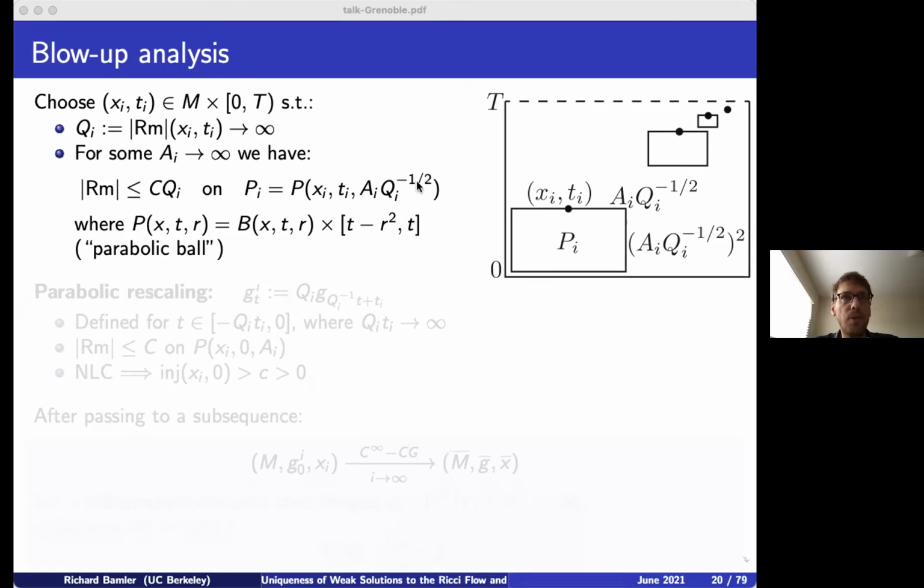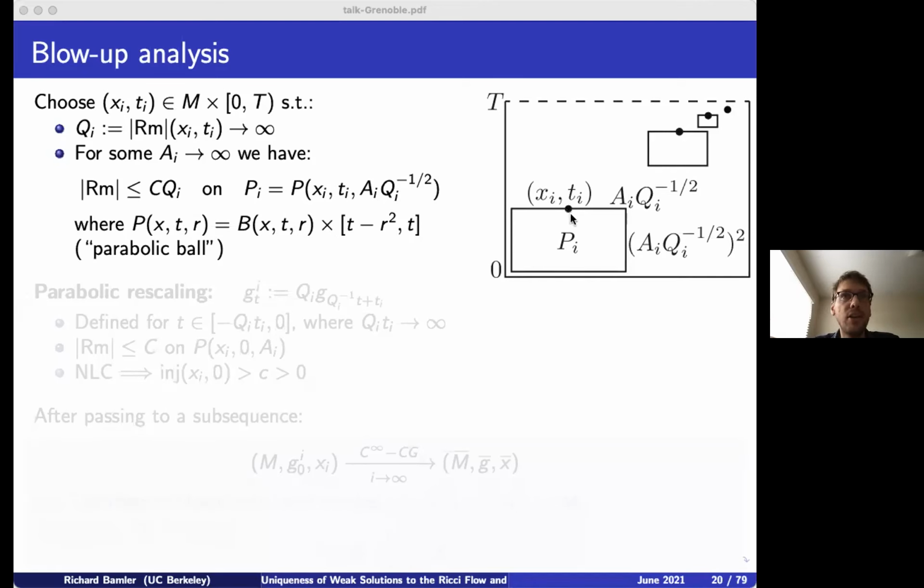So a parabolic ball is a ball of radius r around the point x at time t times the time interval where I go backwards by r squared. Okay? So in a Ricci flow, time scales like r squared. So we can think of time as having the unit square meters, while distances have the unit meters. So that's why I have to subtract r squared.